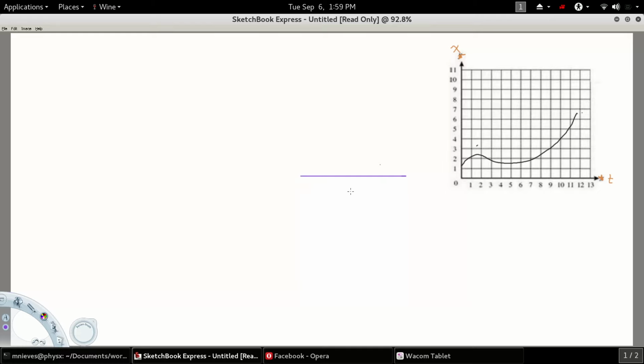Okay, so now we would be able to compute the average rate of change of this curve. Let's say between these 2 points here.